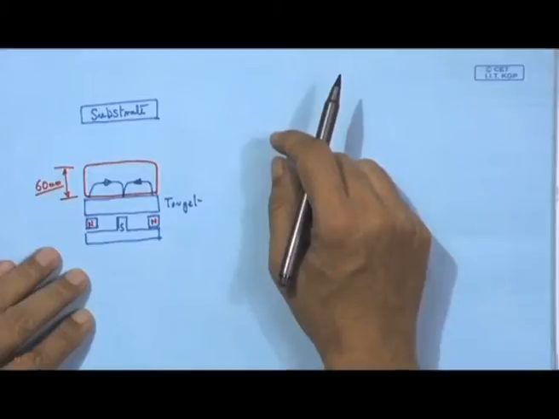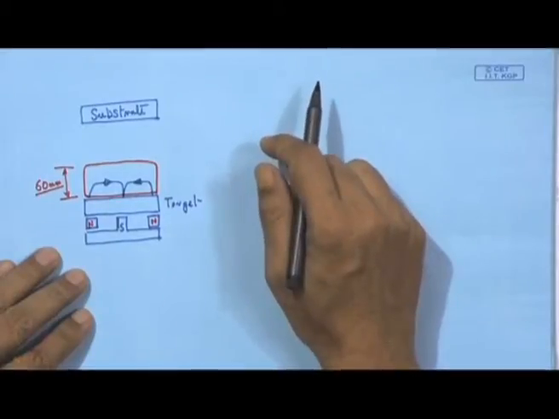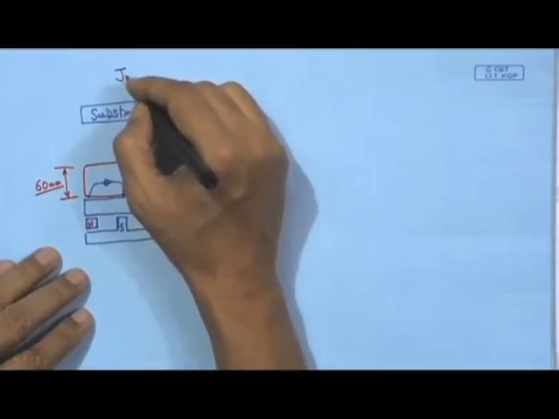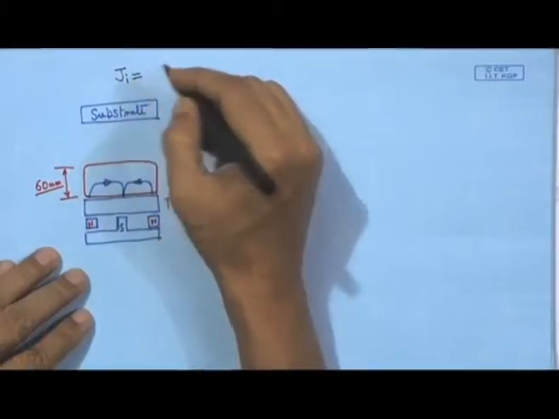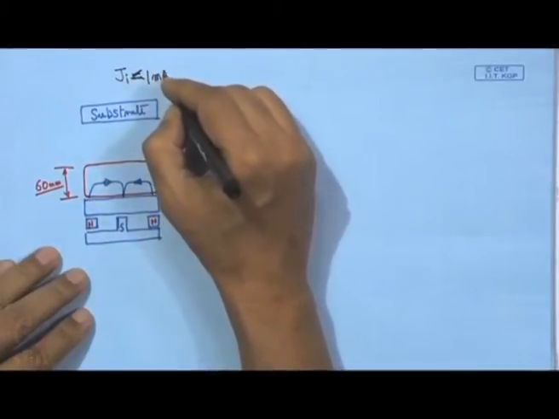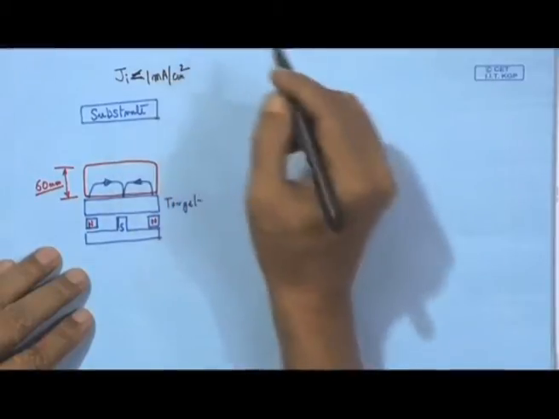However, if the substrate is placed outside this plasma volume, then the substrate ion current density will be very low. We can write J I, which stands for the ion current density, as less than 1 milliampere per centimeter square.